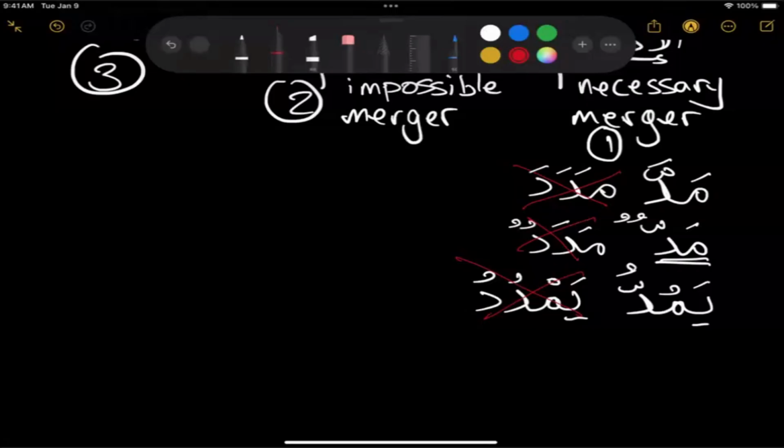And we saw when the merger is impossible, like you say madatta or madatti. And there is no way to put those two dals together. It's impossible.